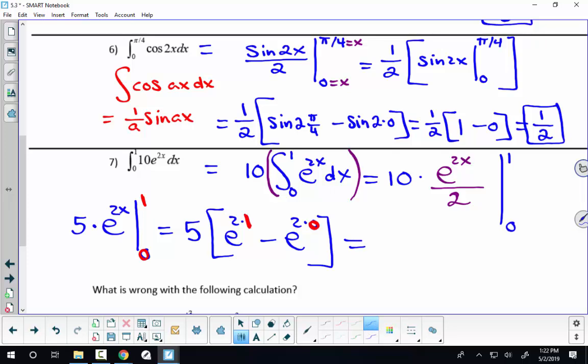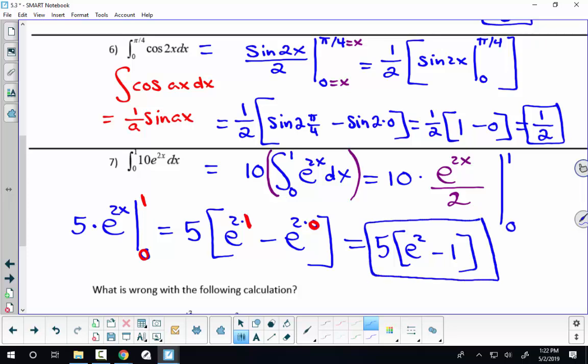So we have 5 times e squared, and e to the 0 is 1, so 5 times e squared minus 1, or 5e squared minus 5. Are there any questions?